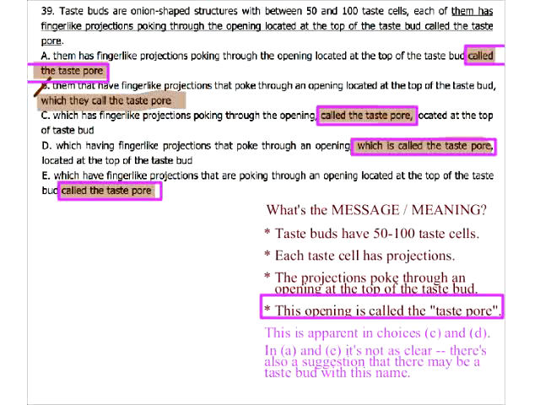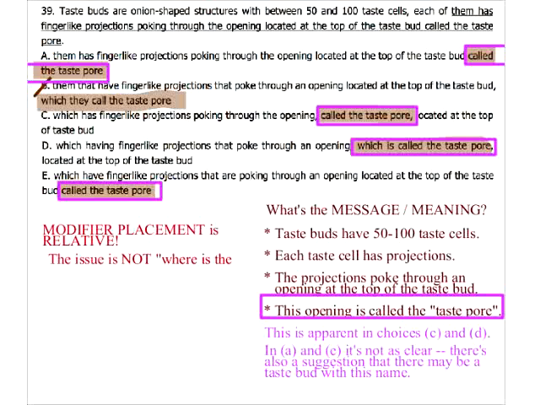Very, very important. Modifier placement is relative. The issue is not where is the absolutely correct place to put these, because usually there's lots of ways you could arrange that. So there's not going to be one true way.